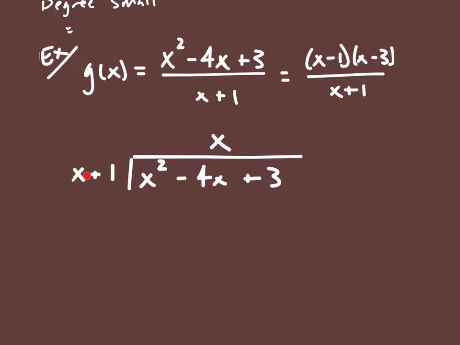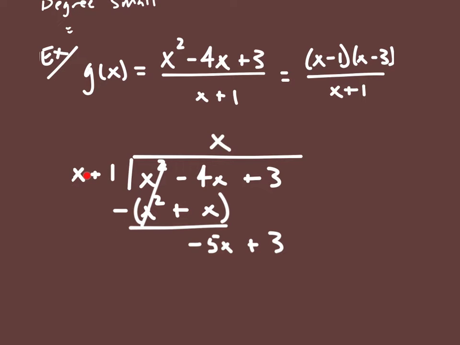Multiply: x times x is x squared, plus 1x, which is just x. Then we subtract the quantity. x squared minus x squared cancels out. Negative 4x minus an x gives us a negative 5x. Then drop down your 3, so we've got plus 3 down here.